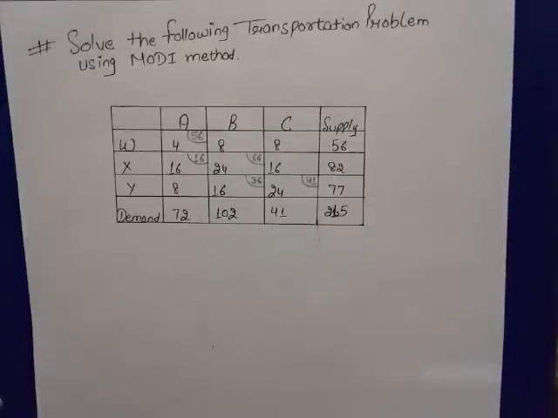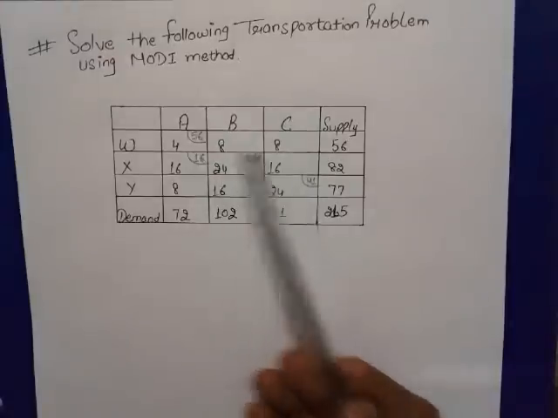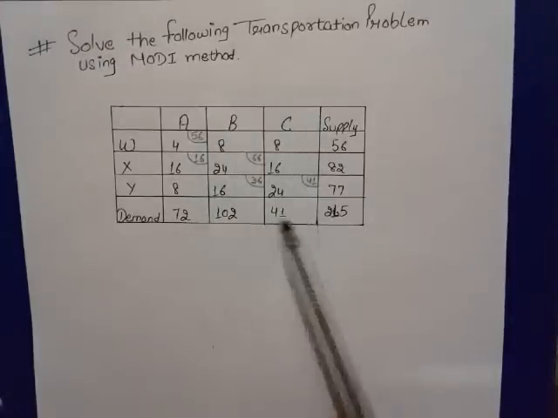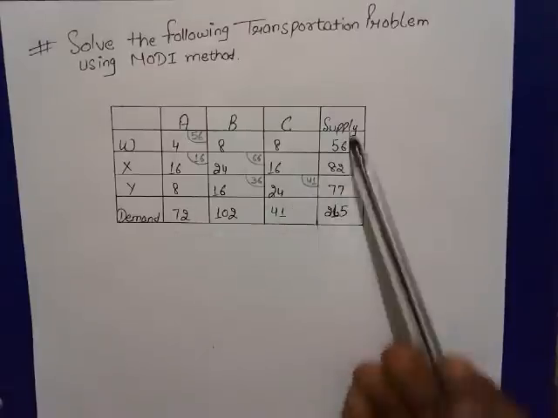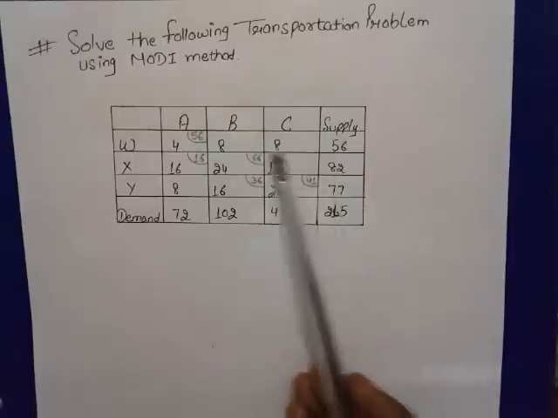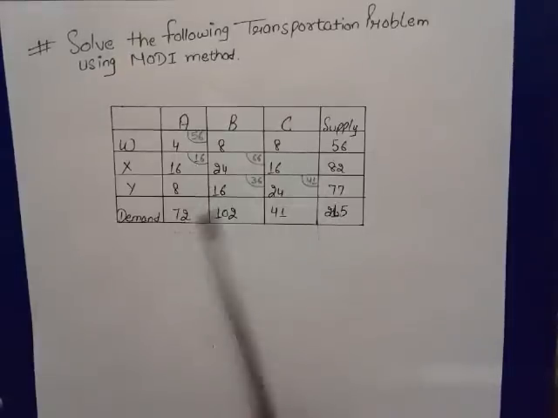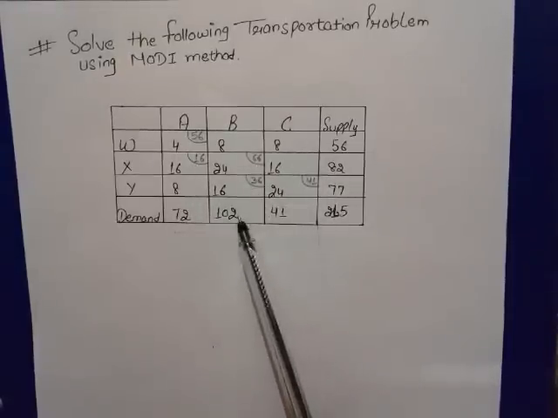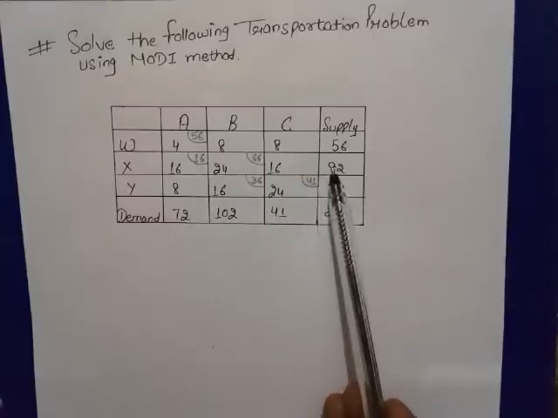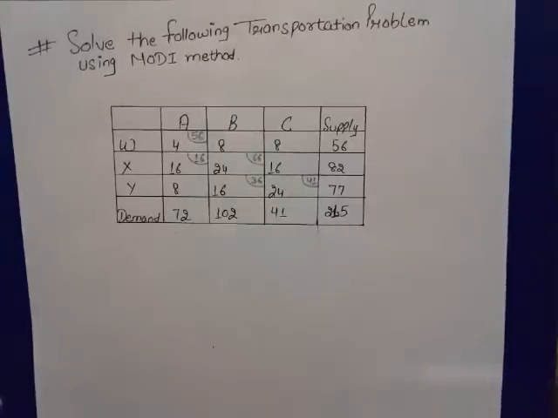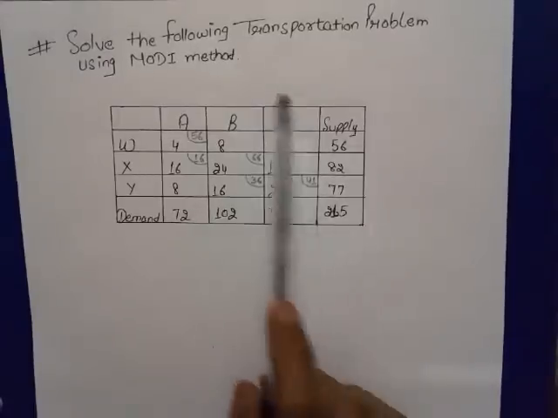By using the VAM, I have assigned the supply to the demand and matched this demand with supply. 56 supply, 72 demand, 102, 82, 77, 41. So after using the basic method to get the solution, we have got this table.